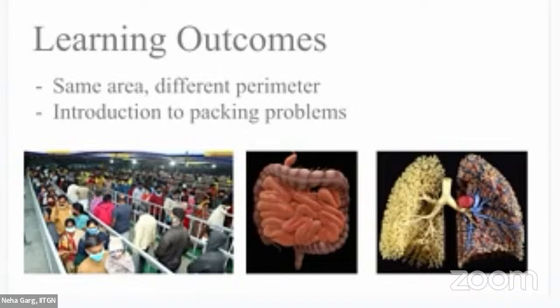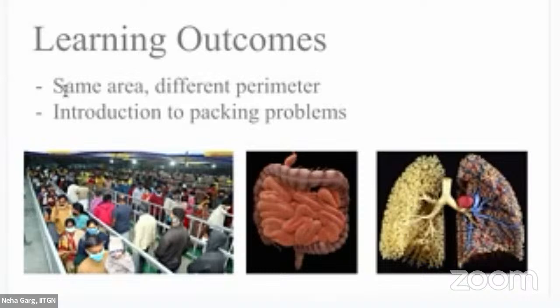Just state the learning outcomes. We did two major things in this activity. One is that we can have the same area and get different shapes of the same area, which will have different lengths and different breadths, and that is why they will have different perimeters. Second, we talked about packing problems: how in our body, big organs fit inside smaller areas.